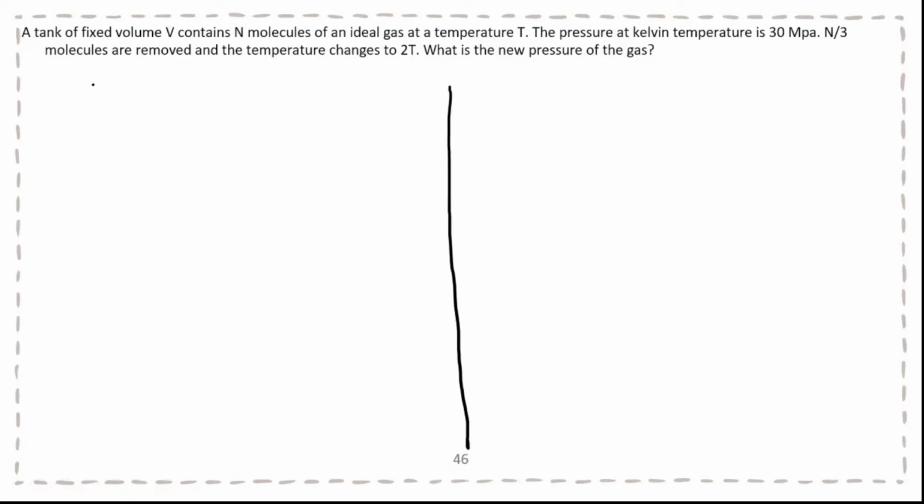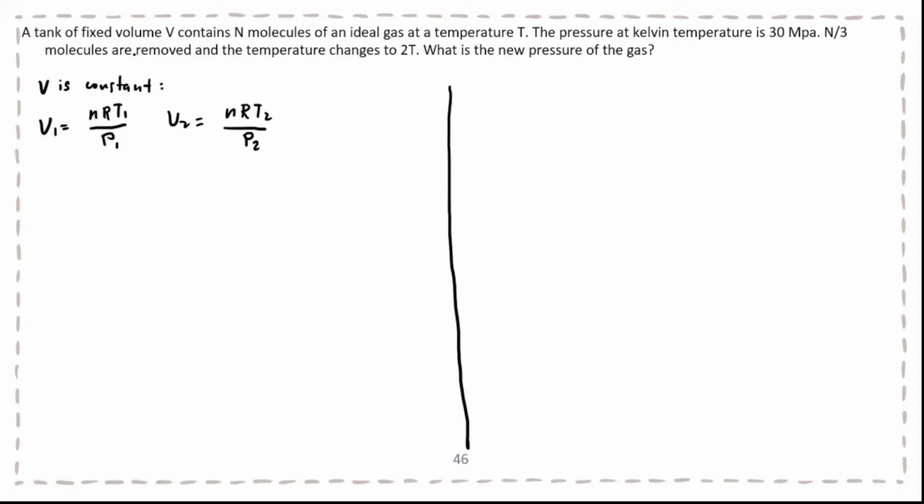So from the problem, we have volume is constant. Diba? Volume is constant. So from our ideal gas equation, V1 is equal to nRT1 over P1. V2 is equal to nRT2 over P2.